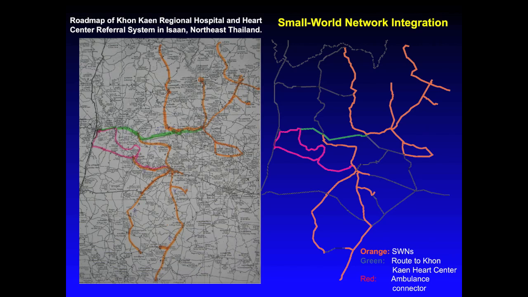In this case, the lines on the left show you where the EMS people, emergency medical services experts, drew in their ambulance routes where they would pick up patients and take them to local regional centers. Those are the orange lines. And then we have short circuits and other configurations where the patients most in need can be taken to referral centers shown to the left on the map.